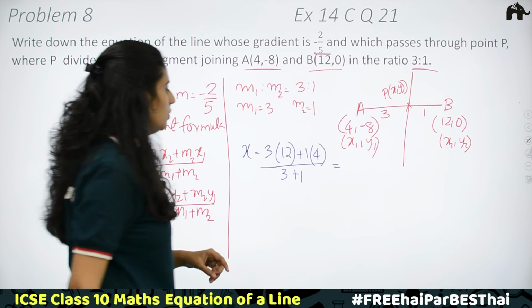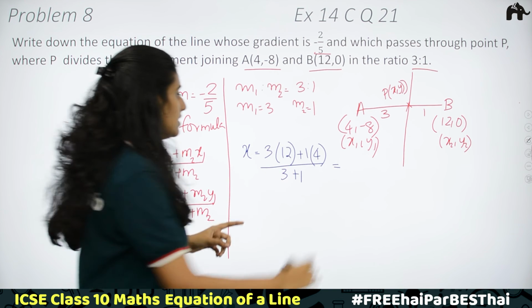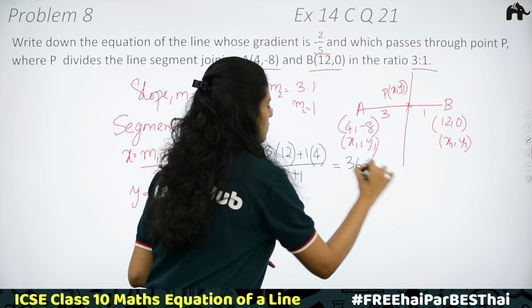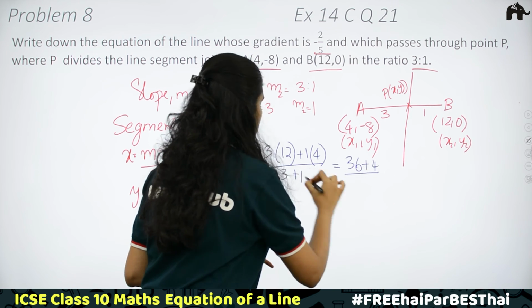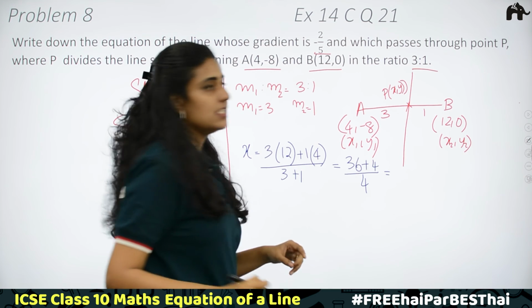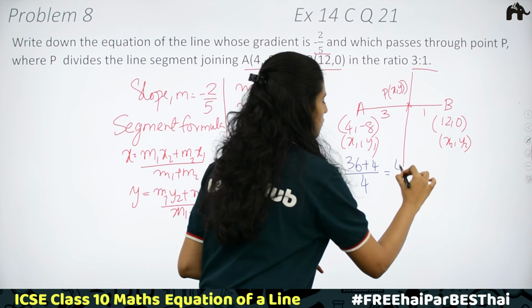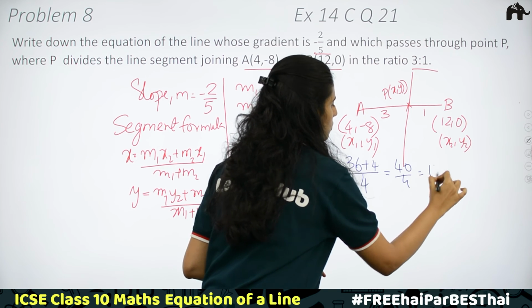That is equal to 3 into 12, 36, plus 1 into 4, 4, divided by 3 plus 1, 4. 36 plus 4 is 40. 40 by 4 which is equal to 10.